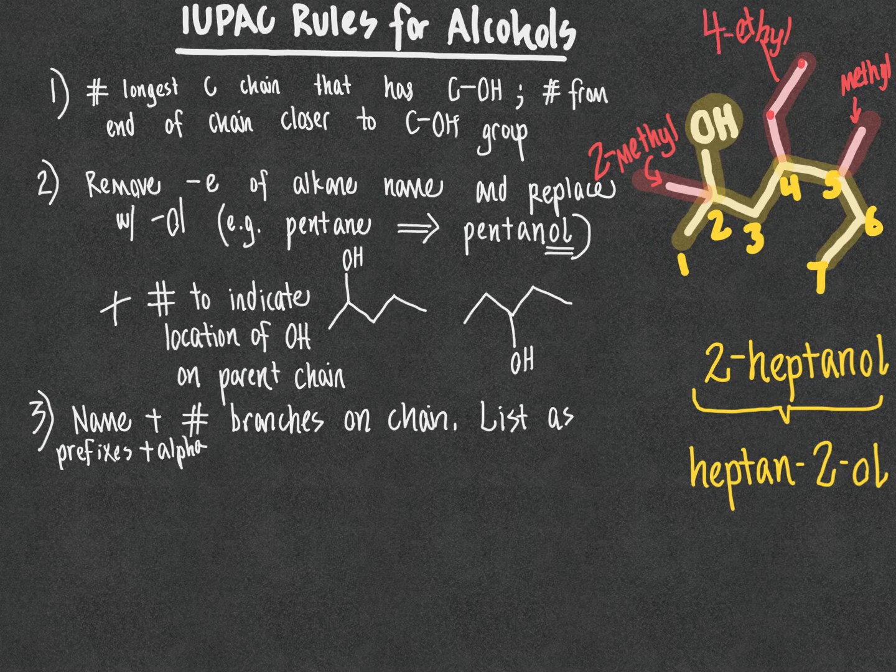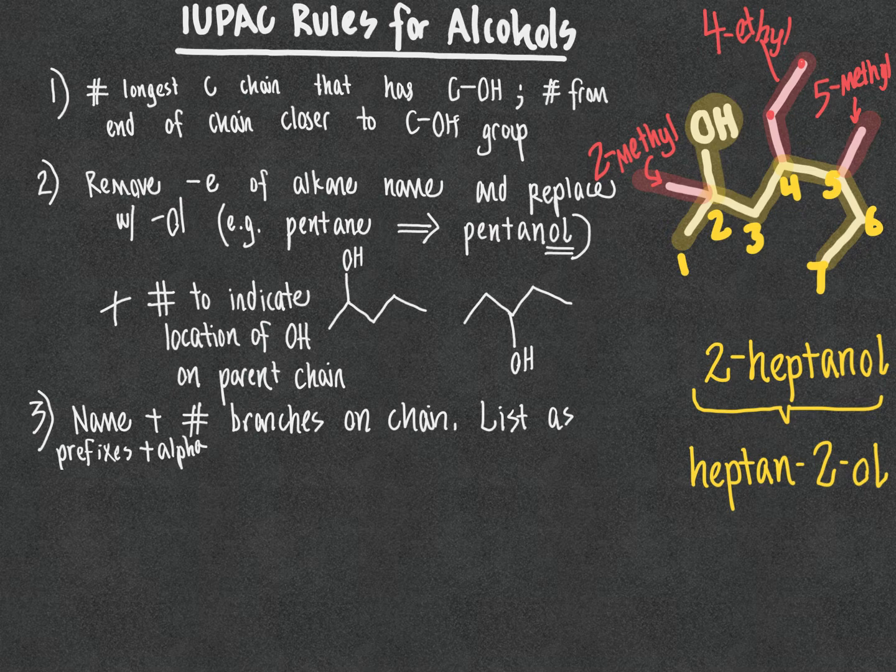And then at position number 5 of our chain is where the methyl branch comes off, so we could call that 5-methyl. Now, when we have multiple groups that are identical, such as 2-methyl and 5-methyl, we lump those together in the prefix, and we call that a dimethyl group. More specifically, we call it 2,5-dimethyl group.